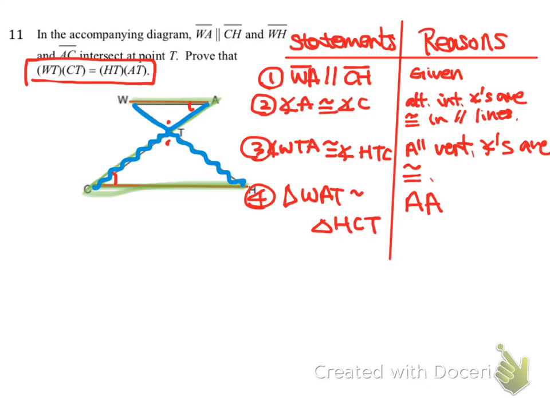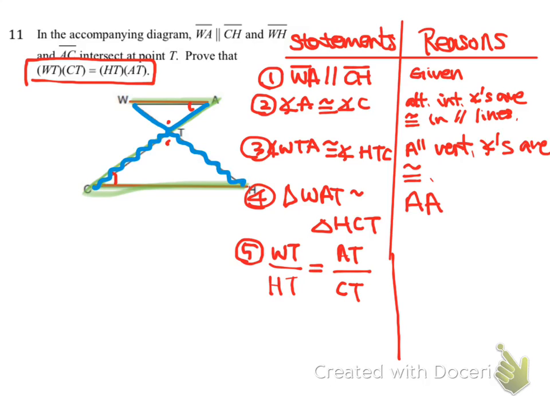So number 5 would have been this. WT is between the unmarked angle and then that. The unmarked angle here would have been H, and then that would have been T. So WT corresponds to HT. That is the same as AT must be corresponding to CT.